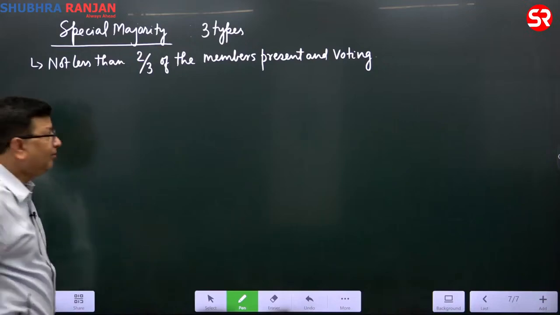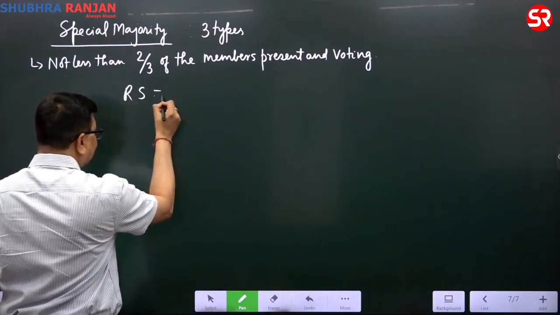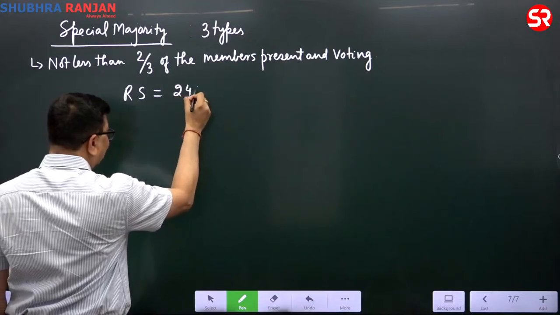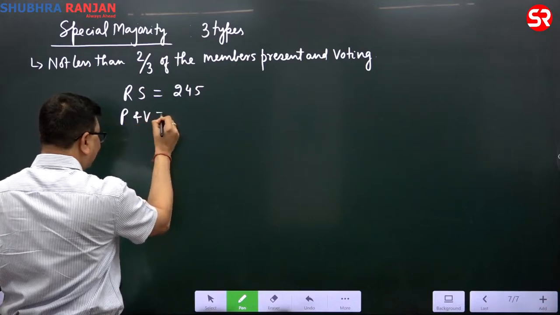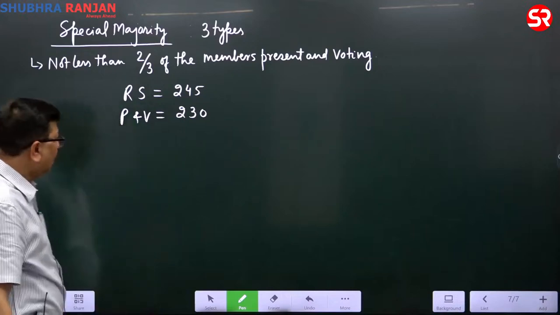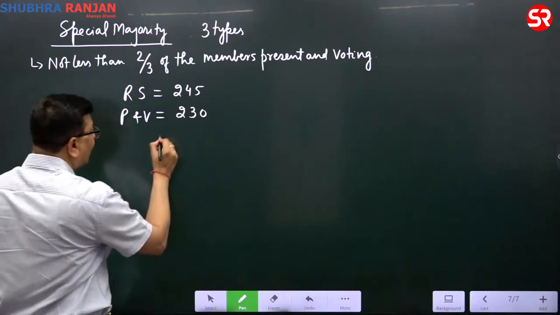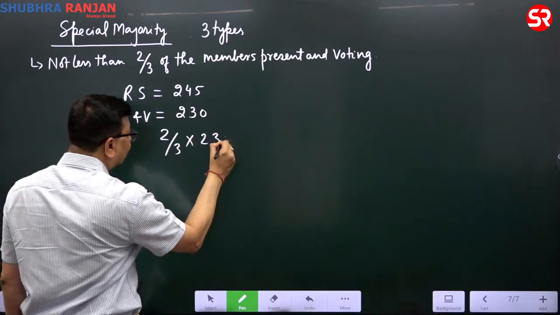For example, in the Rajya Sabha, suppose we have a strength of 245 members and present and voting are 230. The majority required will be two-thirds of 230.